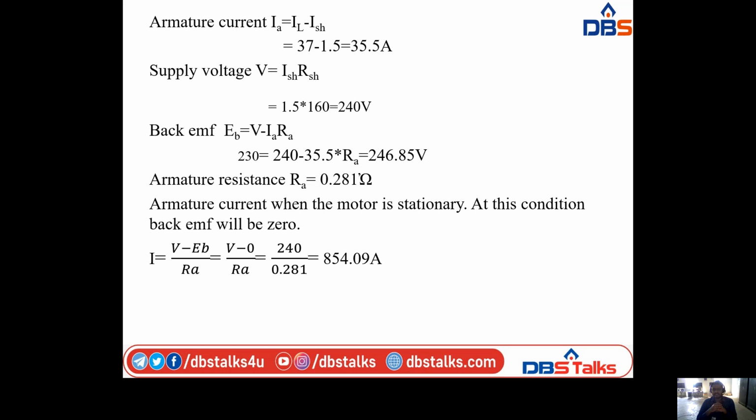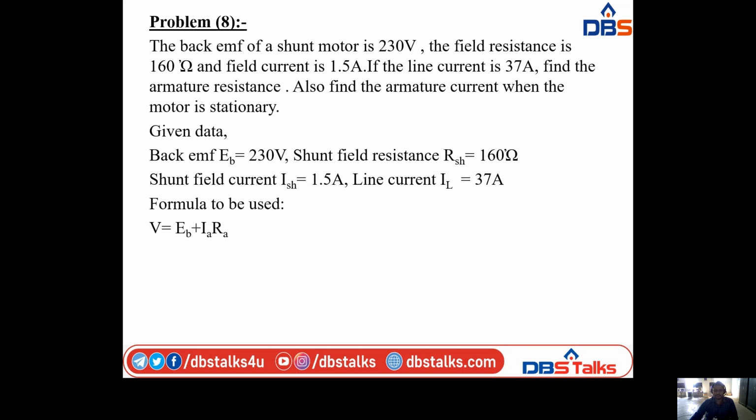And next back EMF, that is EB is equal to V minus IARA. So for a DC shunt motor, back EMF EB is equal to V minus IARA. Here they didn't give the supply voltage. So for that I am taking back EMF is 230 volts. In the problem they given that the back EMF is 230 volts.